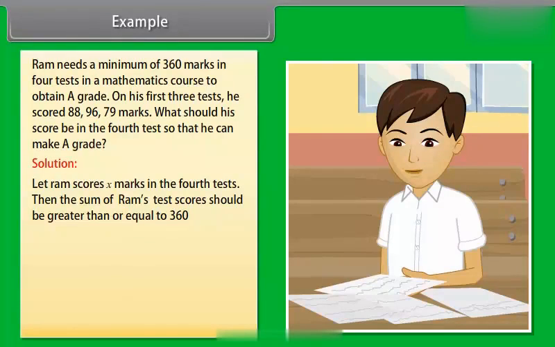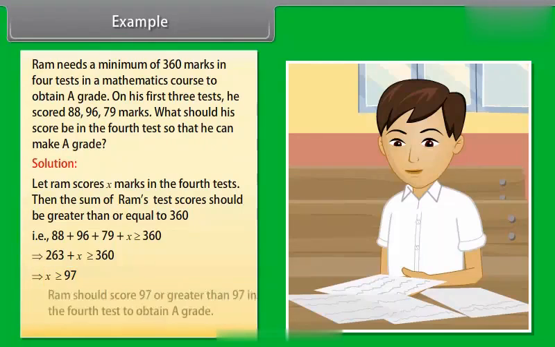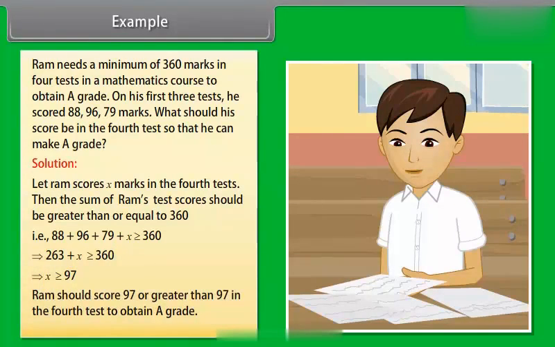Then the sum of Ram's test scores should be greater than or equal to 360. That is, 88 plus 96 plus 79 plus x greater than or equal to 360. It implies 263 plus x greater than or equal to 360. It implies x greater than or equal to 97. Ram should score 97 or greater than 97 in the fourth test to obtain A grade.